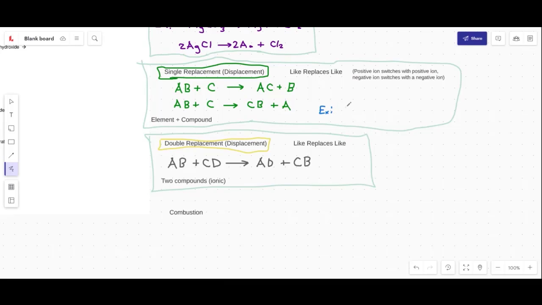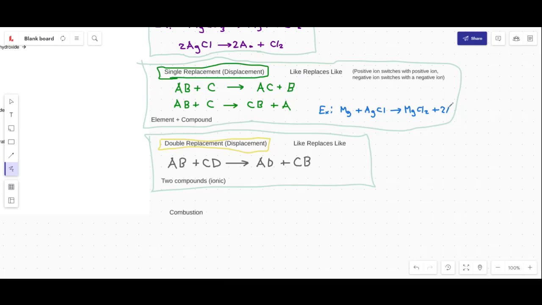So here's an example of a single replacement. This would be something like, we'll do this, Mg plus AgCl goes to form MgCl2 and Ag.